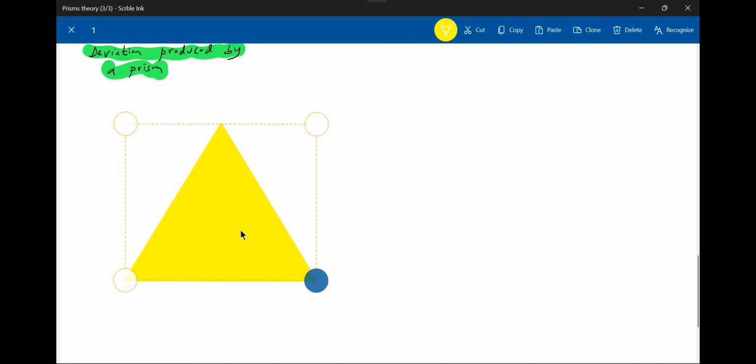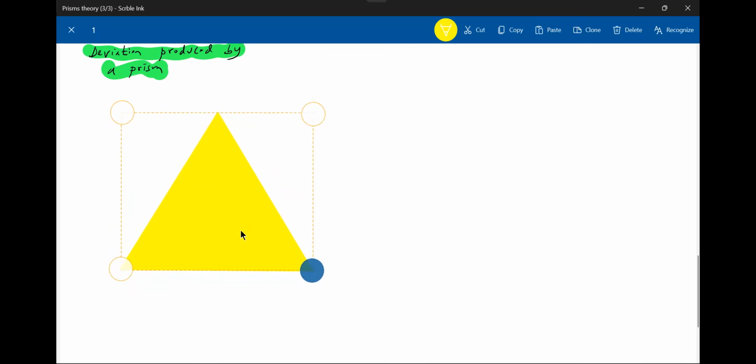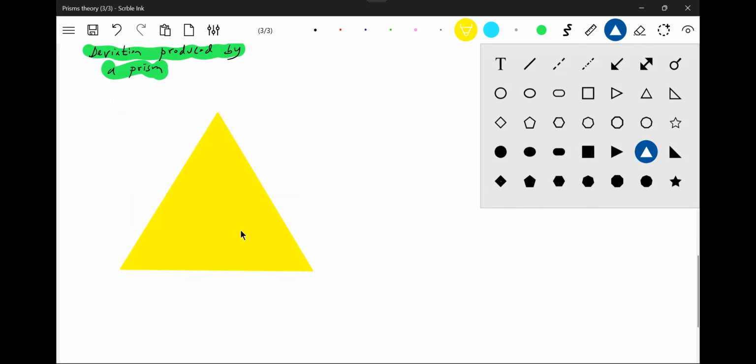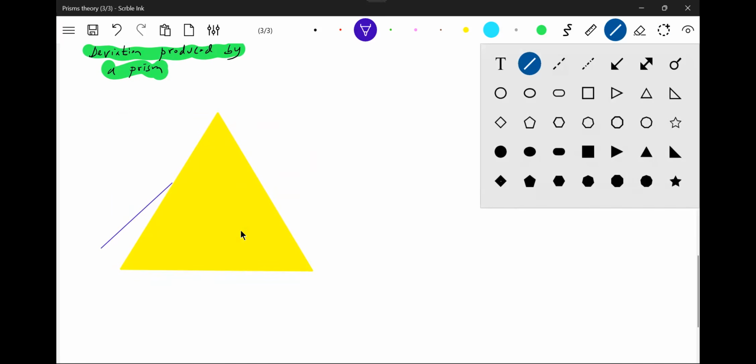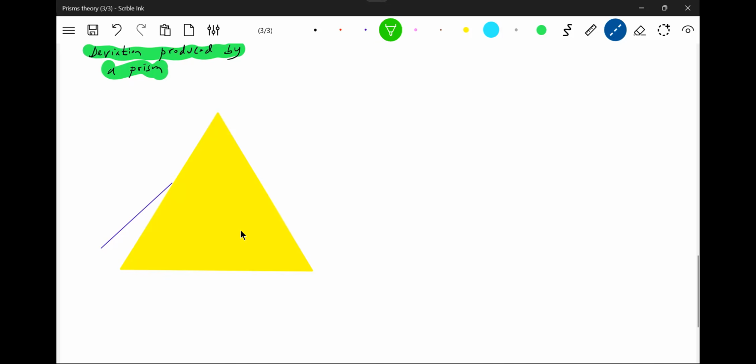I'll be picking up a triangular prism and showing its principal section. A ray of light is incident here. This will be the normal.